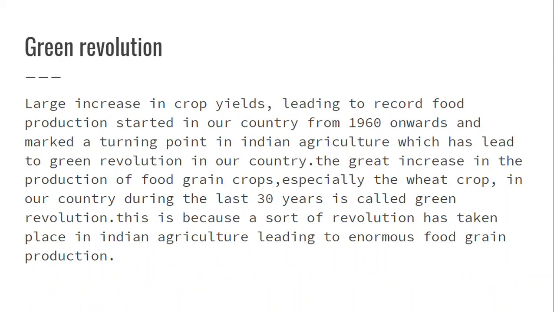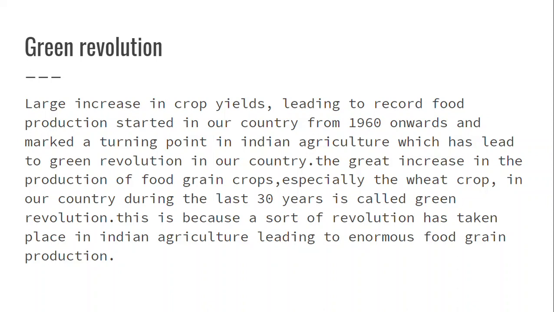So, the Green Revolution. The large increase in crop yields led to record food production that started in our country from 1960 onward, and it made a turning point in Indian agriculture. The great increase in production of food grain crops, especially the wheat crop in our country during the last 30 years, is called the Green Revolution.